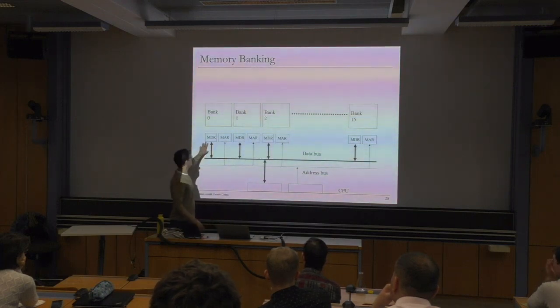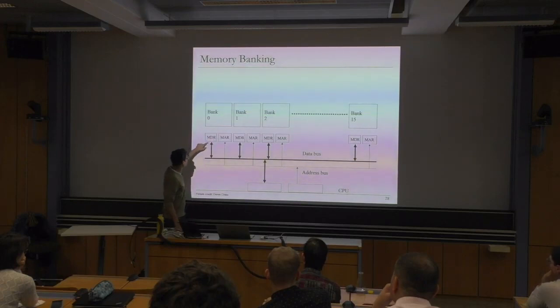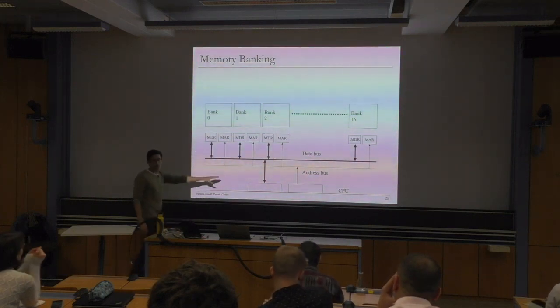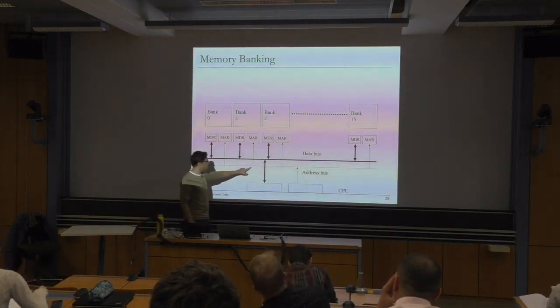As you can see, each of the banks has its own MDR and MAR. I would like to remind you what this means: memory data register, memory address register. So how do we typically operate on this? We have an address bus here.